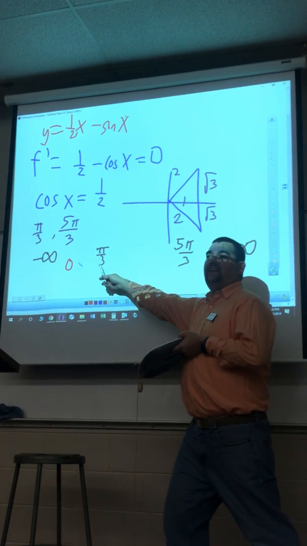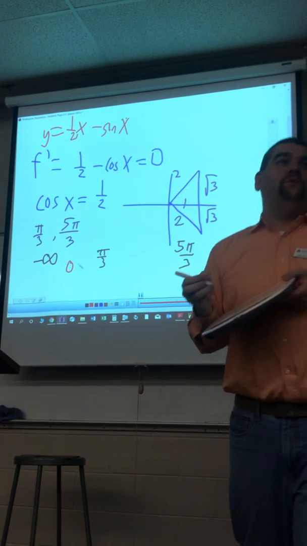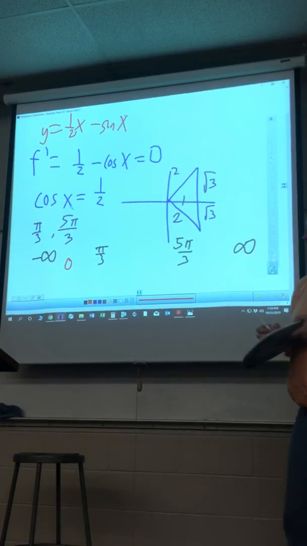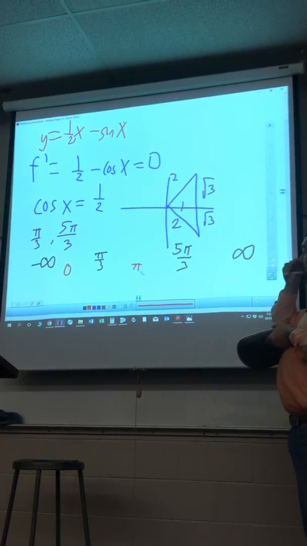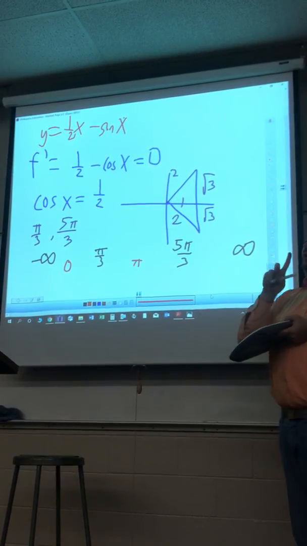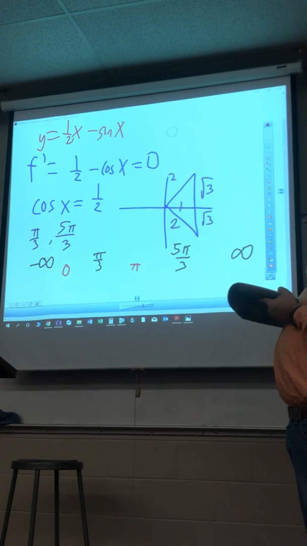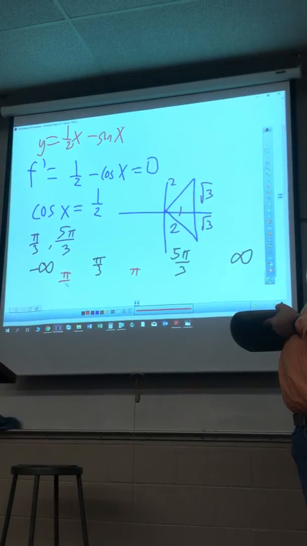From 60 to 300 degrees, remember, we're going to use cosine numbers. Are you guys saying pi? Sure, why not. And then, what's a good number between 5 pi over 3 and the end? 2 pi? We don't want to use 2 pi, because remember, we can't use 0 either, since we're going from 0 to 2 pi. Pi over 4.